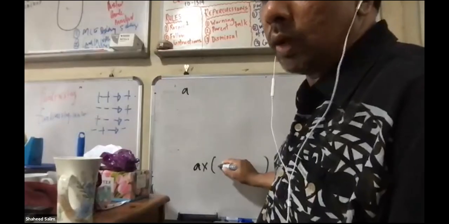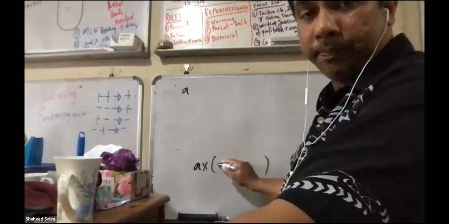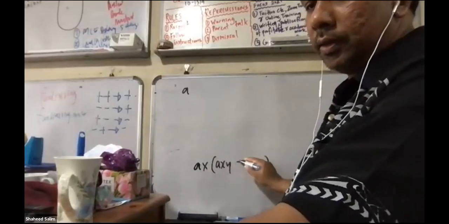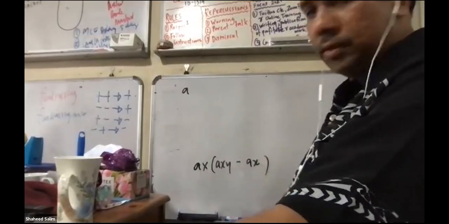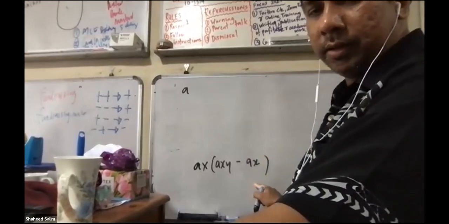AXY. AXY on the inside. Okay, and then minus AX. Is this like that?